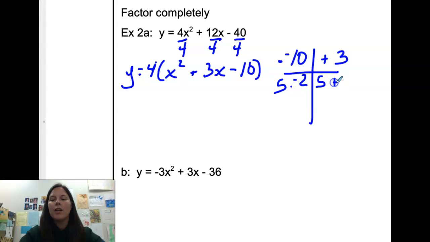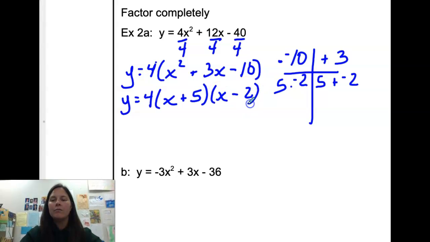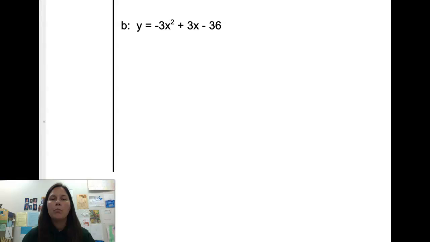So 5 times negative 2 is negative 10, and 5 plus negative 2 is positive 3. When I continue to factor this, yep, you guessed it, I'm going to keep the GCF in front of my parentheses. We have x plus 5 and x minus 2.